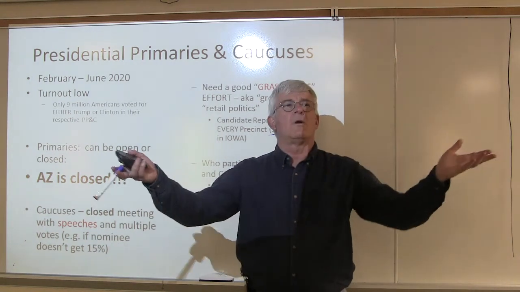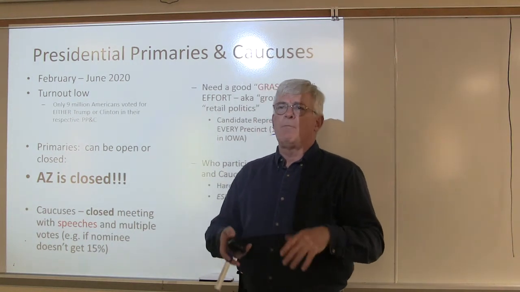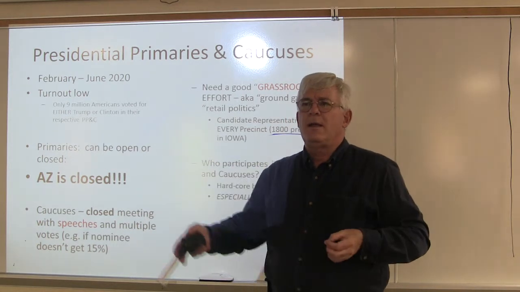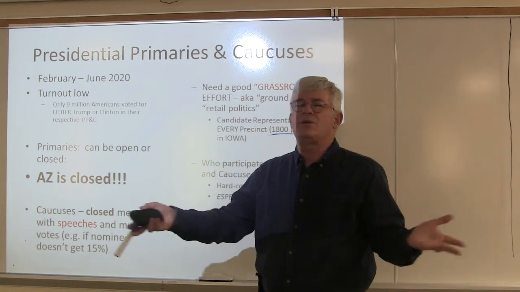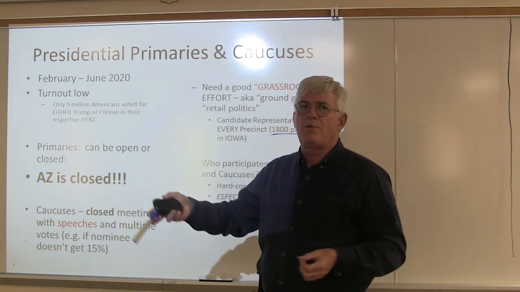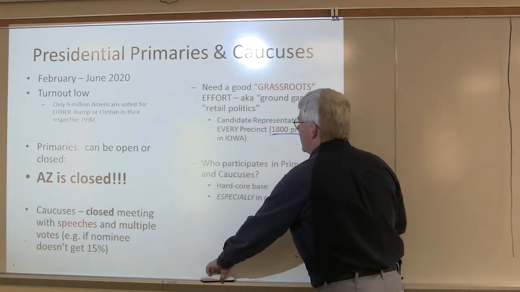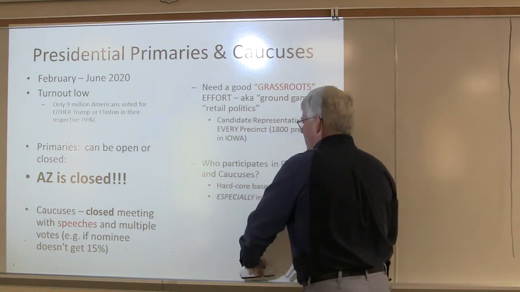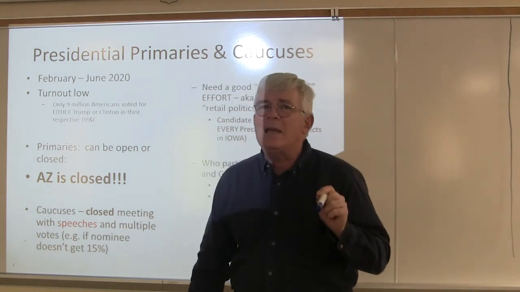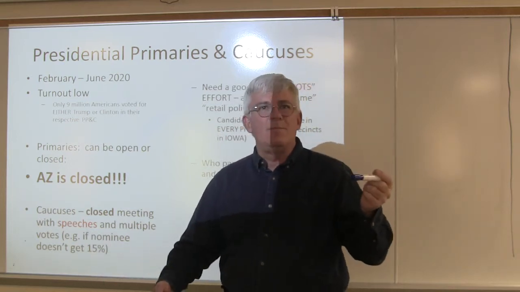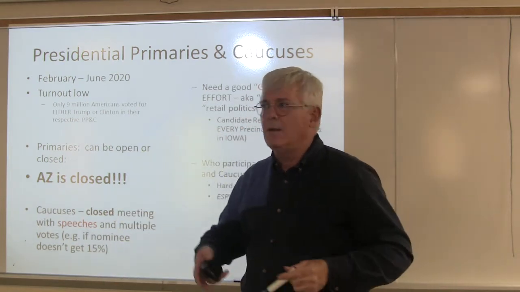Let's pretend we're in Iowa. Let's pretend Bradshaw Mountain High School is in Iowa, and the Democrats are using Bradshaw Mountain High School as one of their precincts, one of their voting locations. So you would have to know that precinct 853 is going to meet in room F214.